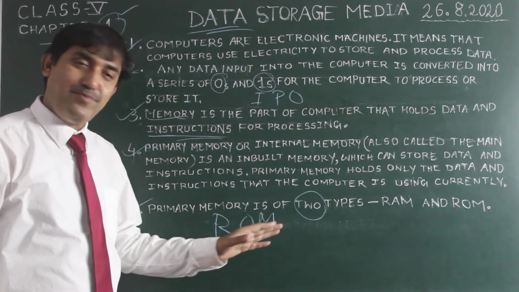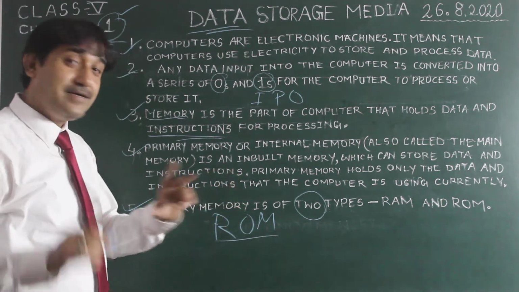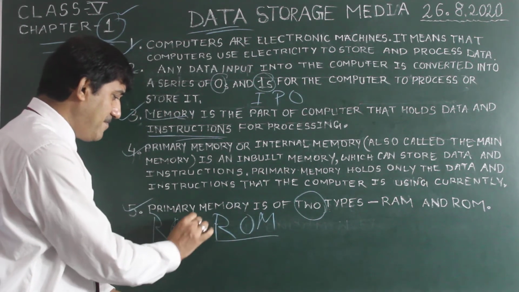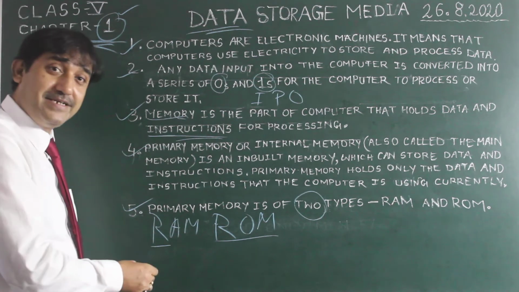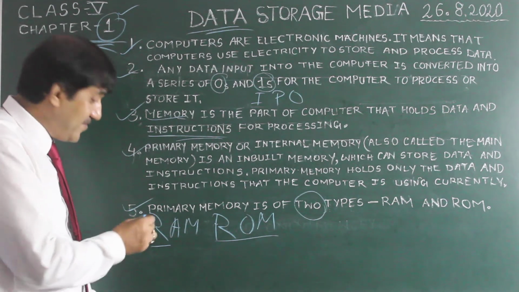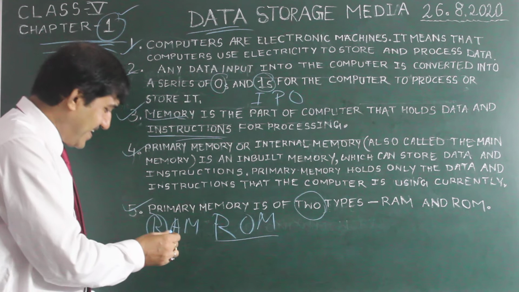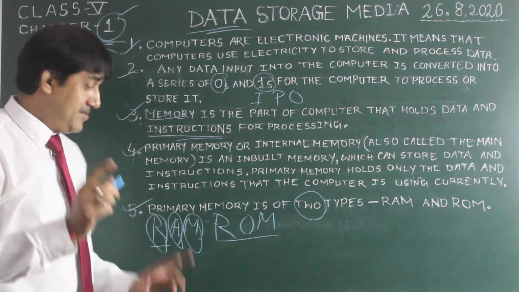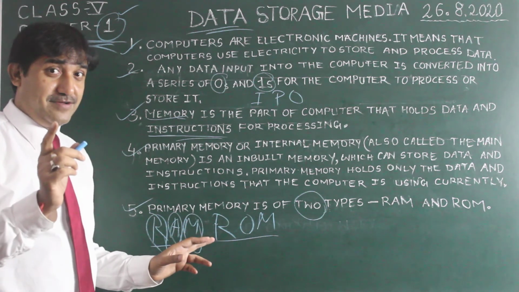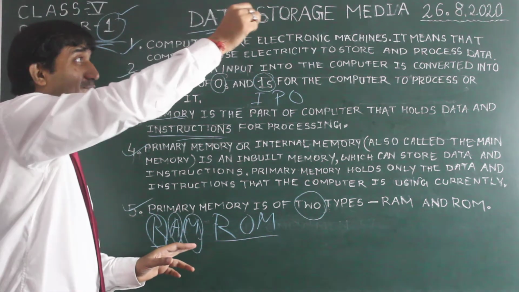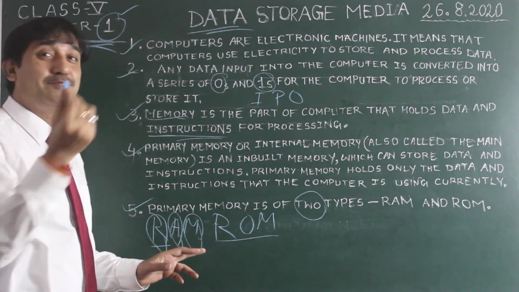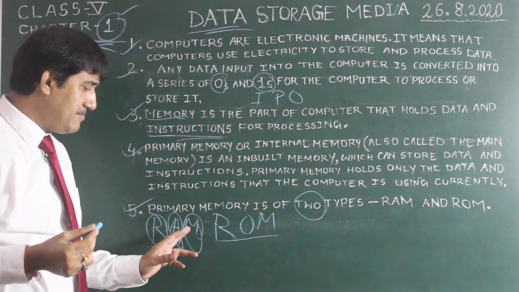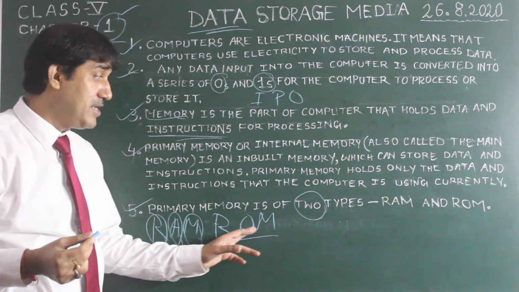Read only memory, ROM. And RAM, random access memory. It should be clear. Random access memory. Don't forget that. So, your memory. Data is stored in the media. Which media? Memory. Okay. So, RAM, random access memory, and ROM, read only memory.